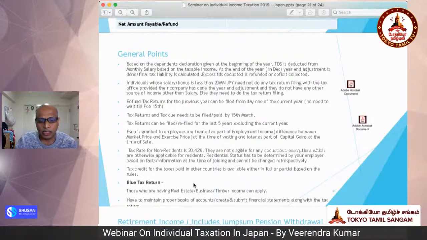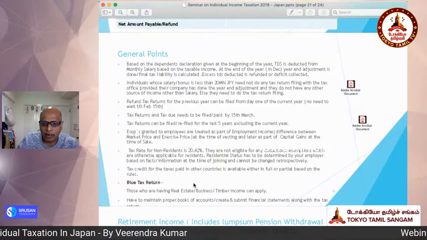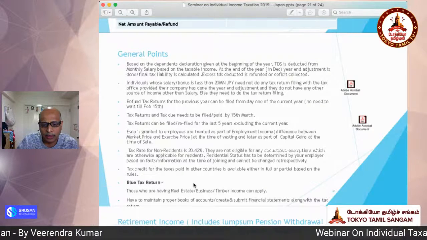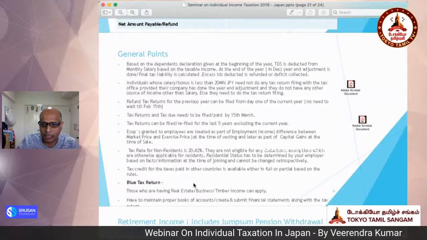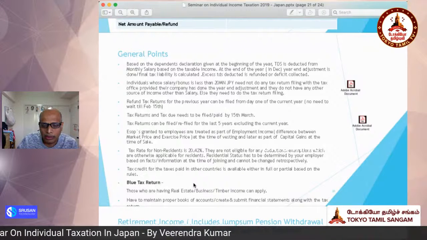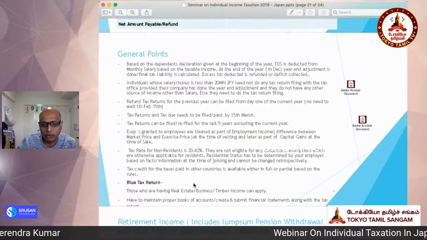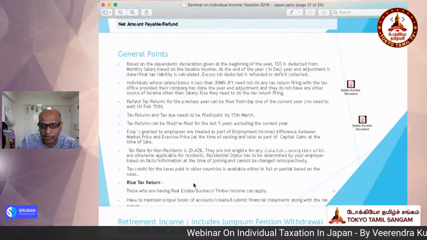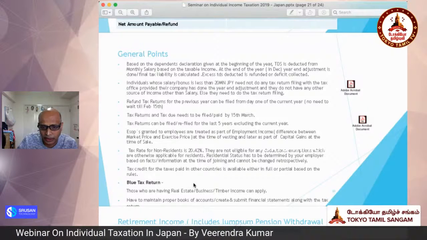And if your employer has not done the year-end adjustment for whatever reason, it is a different tax return, and you can file the tax return from day one of the current year. Normally taxes are due and payable by 15th of March, and you can always go back and file your tax returns for the last 5 years, excluding the current year.